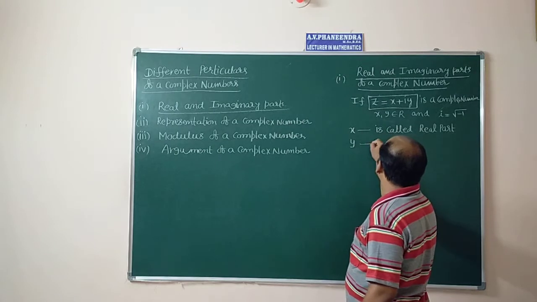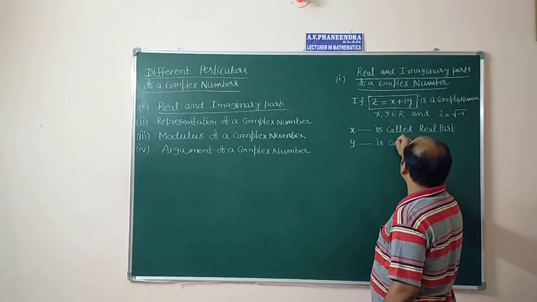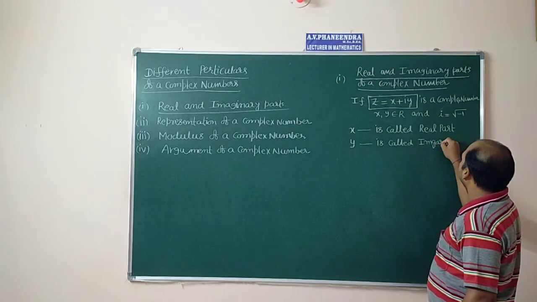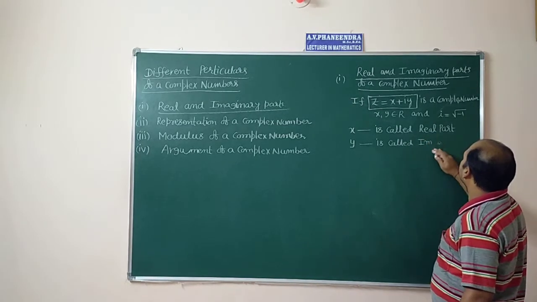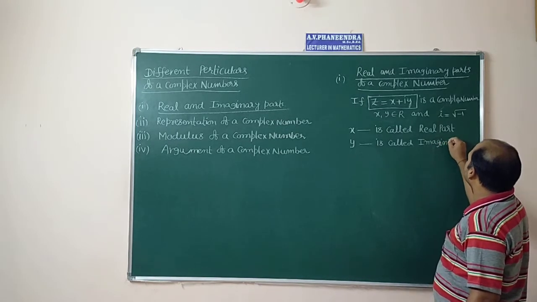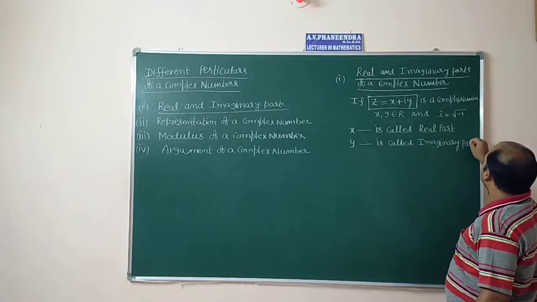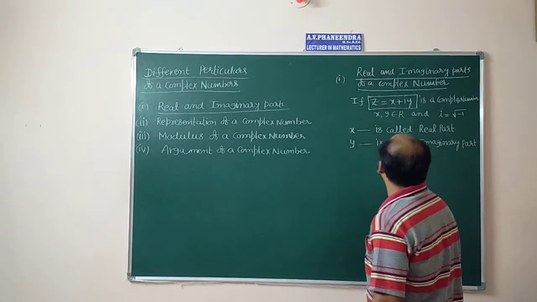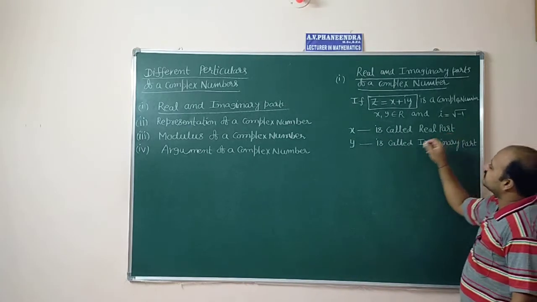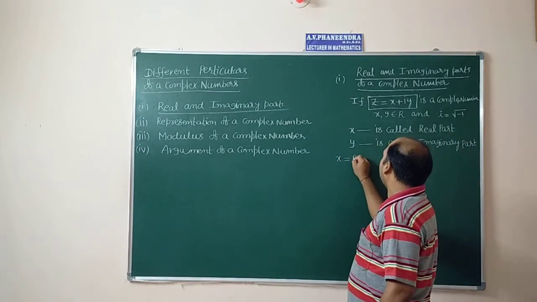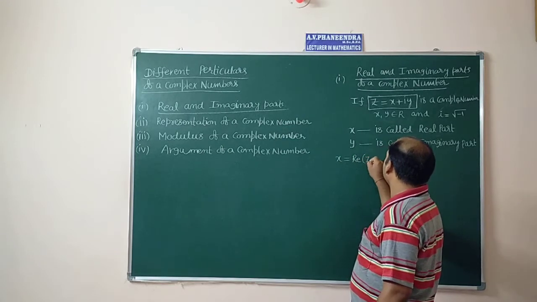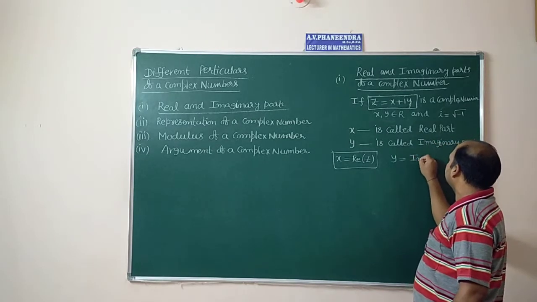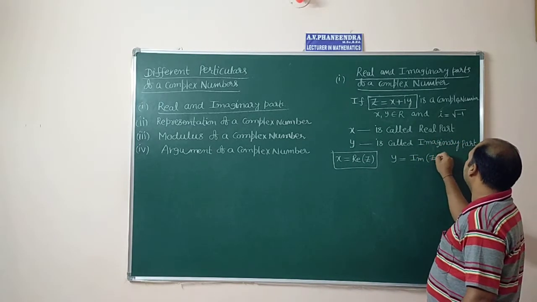y is called the imaginary part. This is denoted as: the real part of z is x, and y can be written as the imaginary part of z.